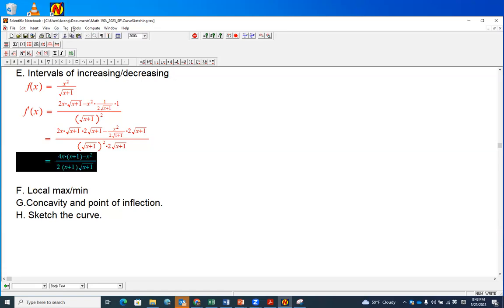Now we are closer to a factored form. In this form, we have 4x times x, so the 4x squared, right? And 4x times 1, that's going to be 4x. And minus x squared, so altogether that makes it 3x squared plus 4x.